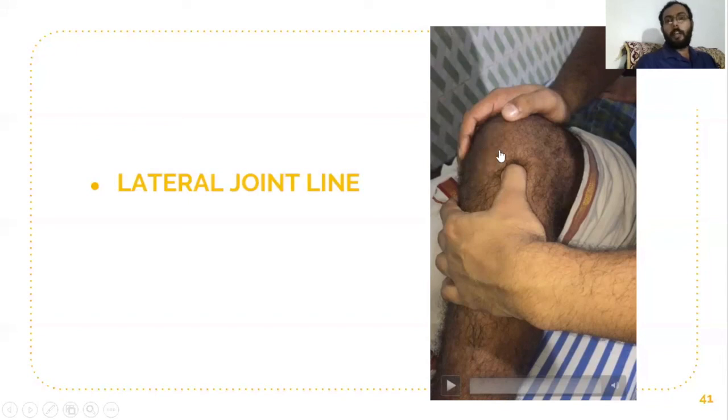Also remember the bursae related to the knee joint, the specific important bursae. This clinical anatomy or applied anatomy knowledge is very important in understanding the injury and pathology connected to the knee joint.